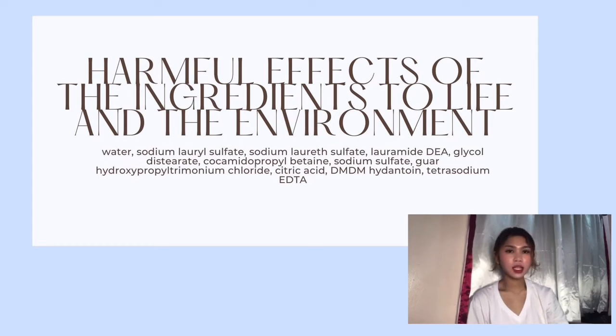Cocamidopropyl betaine, lauramide DEA, and tetrasodium EDTA are examples of organic compounds that pose a threat or hazard towards the environment. These compounds are environmental toxins that may cause adverse effects to our ecosystem, especially to aquatic ecosystems. DMDM hydantoin is also an organic compound that releases formaldehyde.